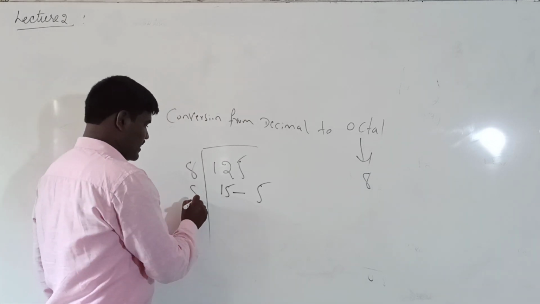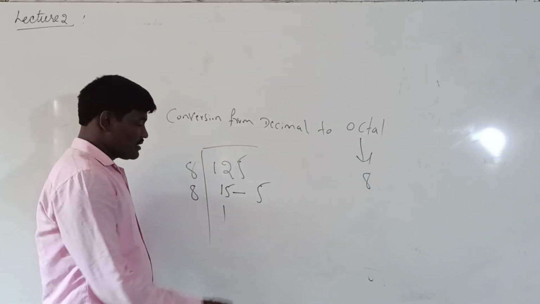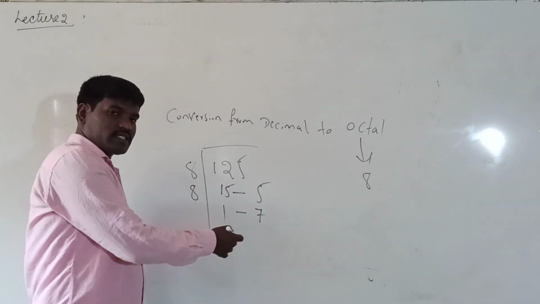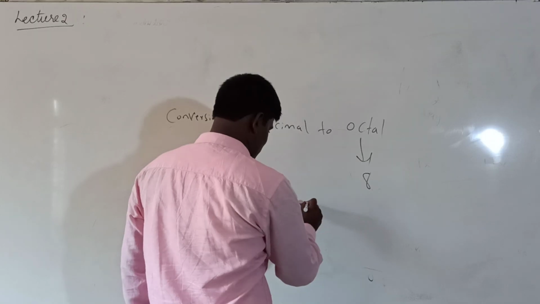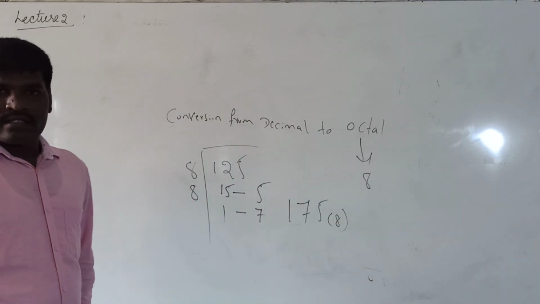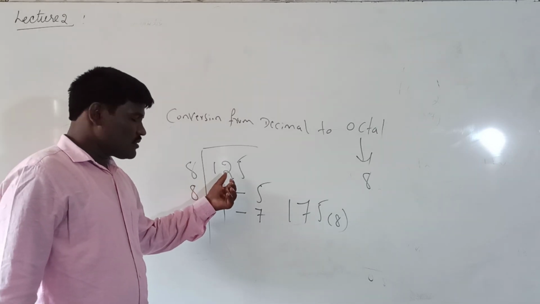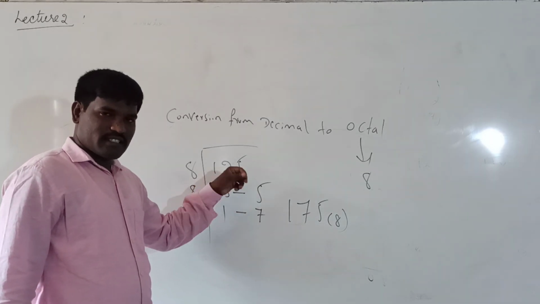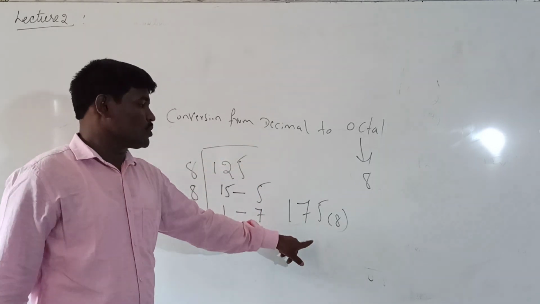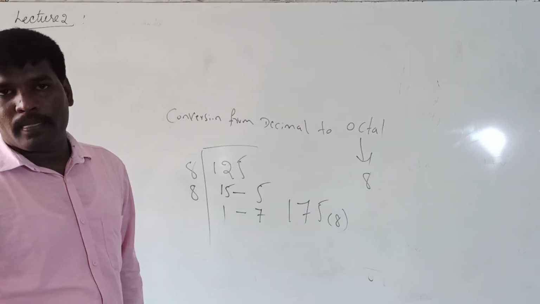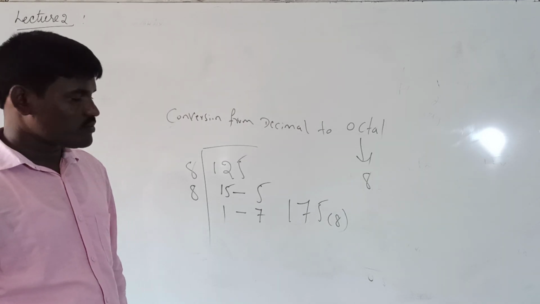Next, again 8 1s are 8, remainder is 7. In the reverse order, you have to write the answer, that is 175 to the base 8. 125 in decimal is equivalent to 175 in octal number system. Clear?